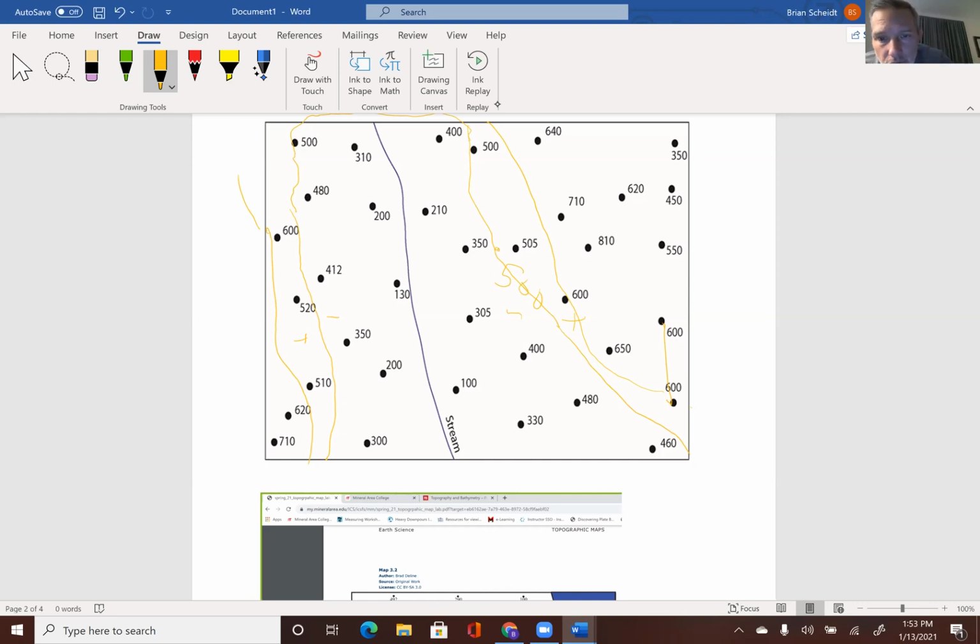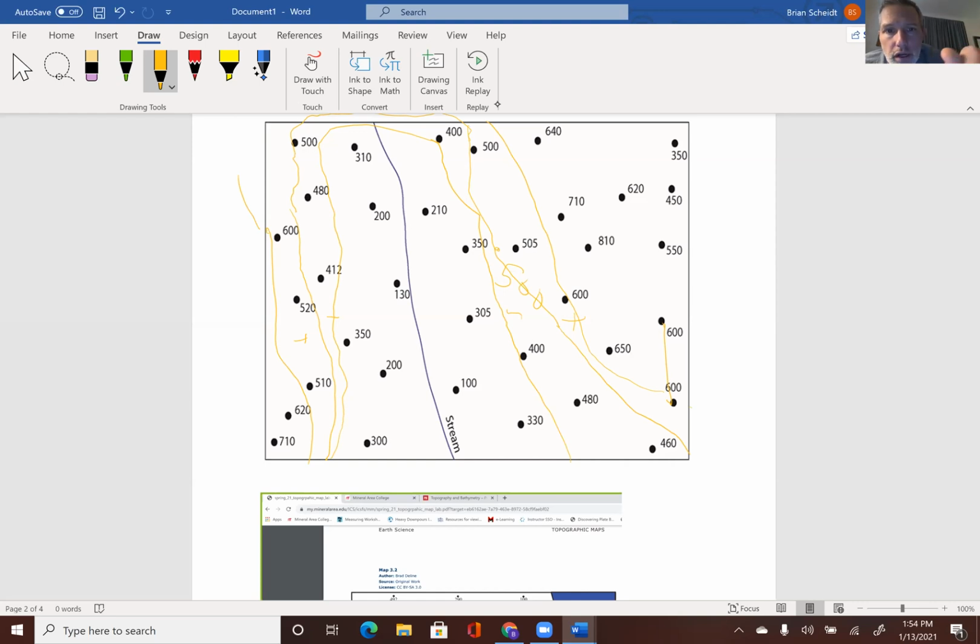And I could do my 400. You'll notice that my line may get close, but it's never going to cross, because if it crossed, at that point you'd say that you had two elevations. Now again, everything on one side is greater than 400. Everything on the other side is less than 400.